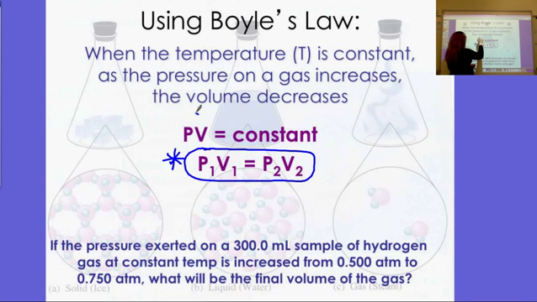Now, how are we going to use this equation? Pressure, we said, was measured in atmospheres. Volume can be measured in liters. In this sample problem, it's measured in milliliters. If the pressure exerted on a 300 milliliter sample of hydrogen gas, 300 milliliters must be my first volume.